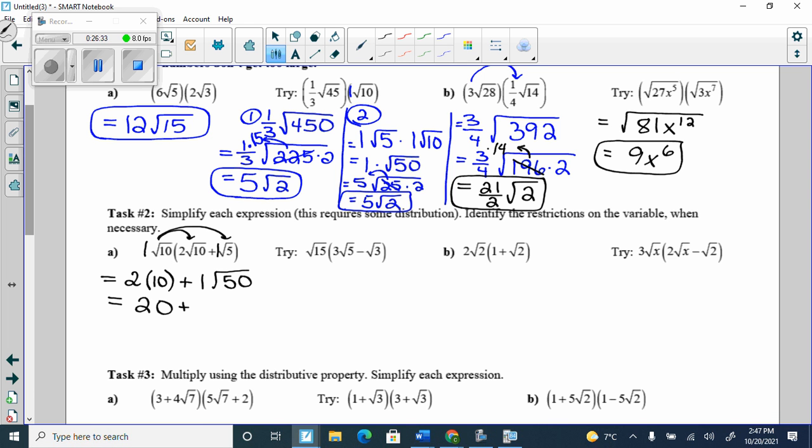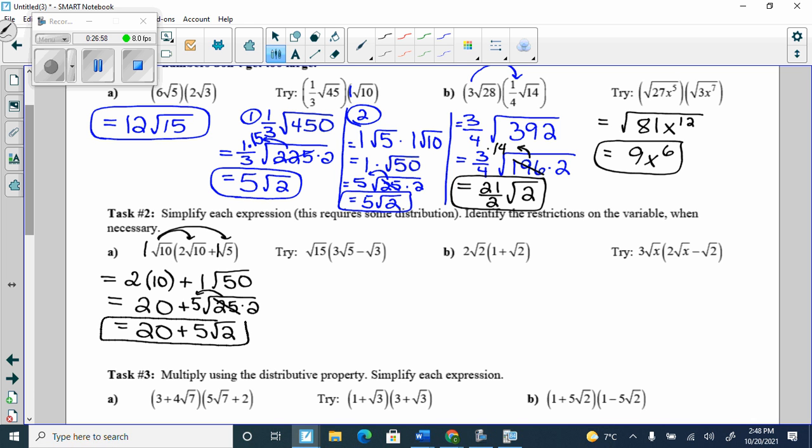Plus, what can root 50 break down into? 25 and 2. The 25 comes out and it is a 5. So it equals 20 plus 5 root 2.